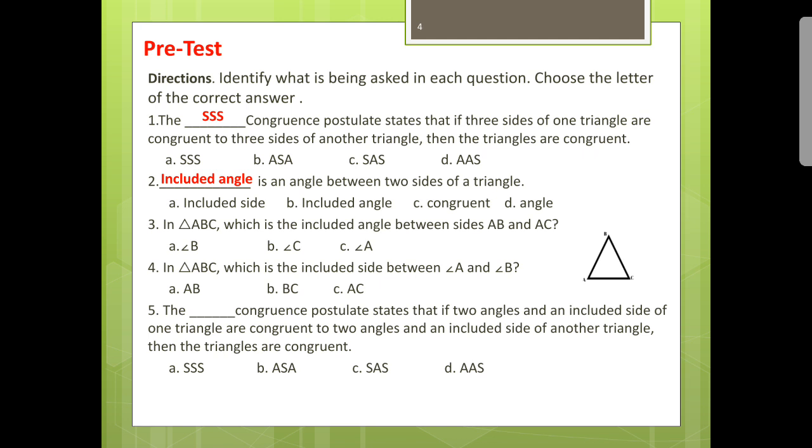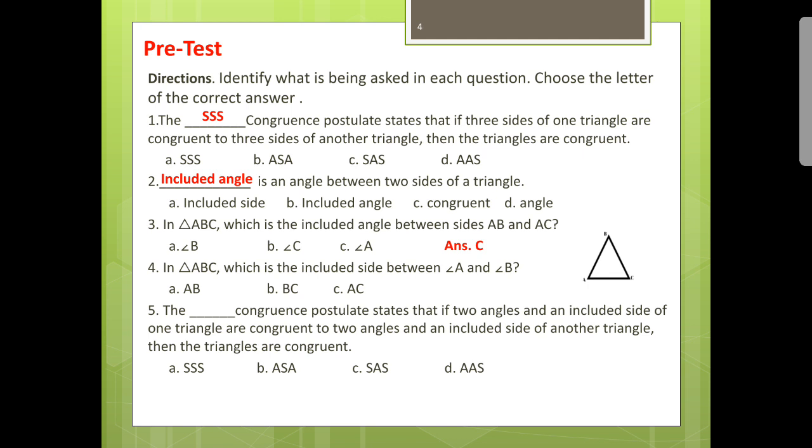In triangle ABC, which is the included angle between sides AB and side AC, based on the given triangle on the right side, is it A, angle B, B, angle C, or C, angle A? The answer is angle A, and that is letter C.